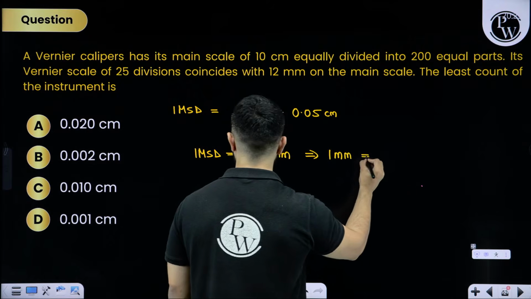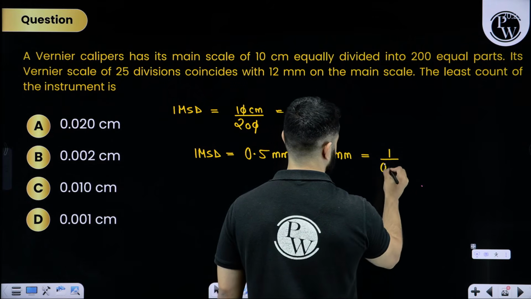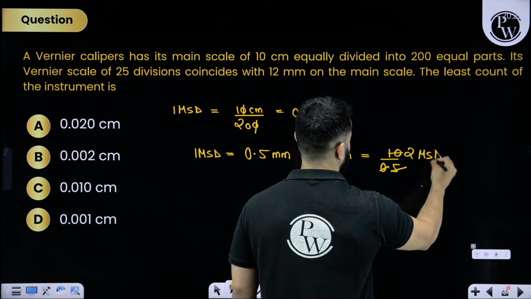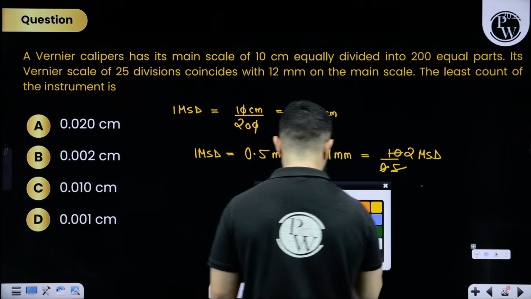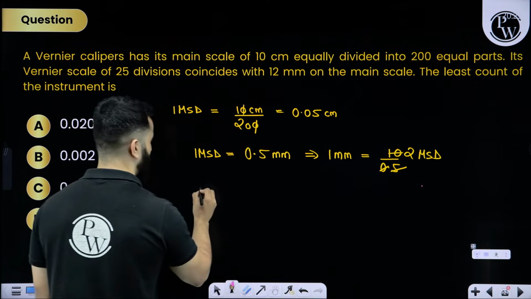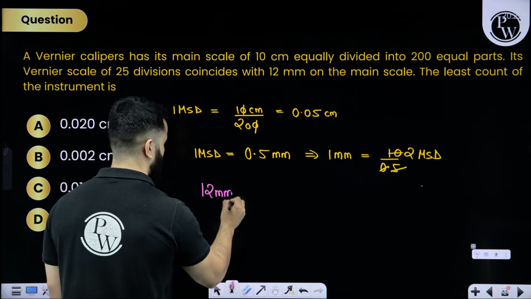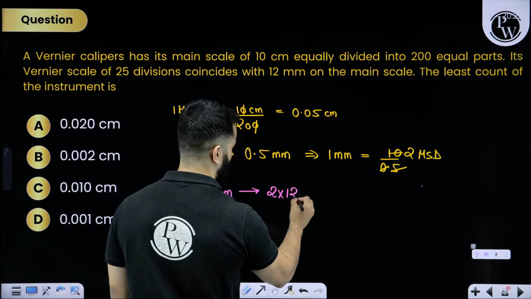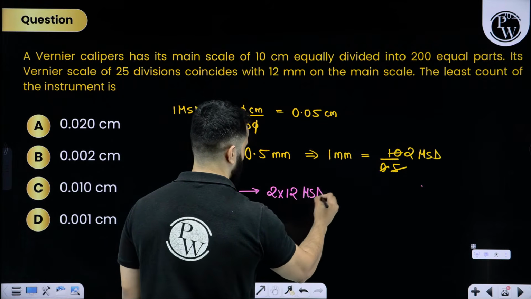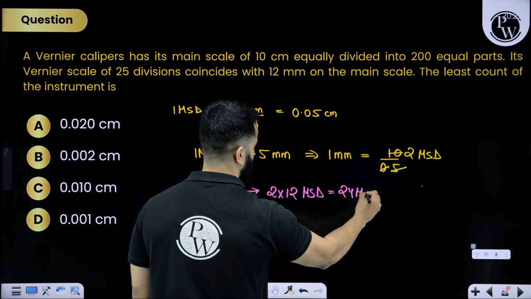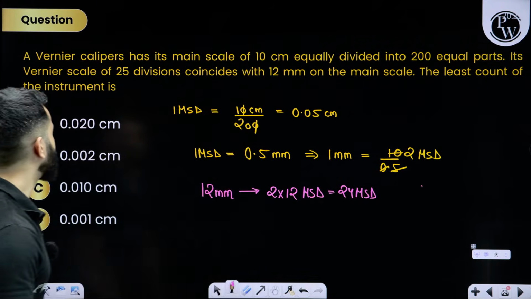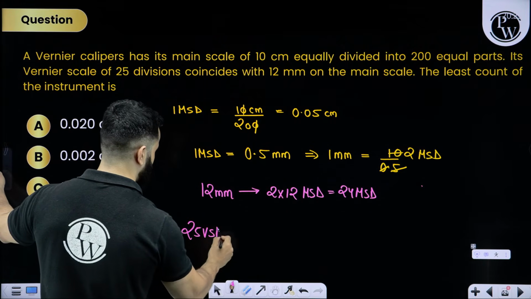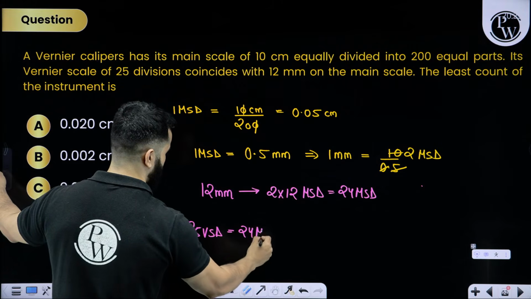In 1 millimeter you will have 1 upon 0.5, or 2 main scale divisions. So in 12 millimeters you have 2 multiplied by 12. That means this is your 24 MSD. So they are saying 25 VSD is equal to 24 MSD.